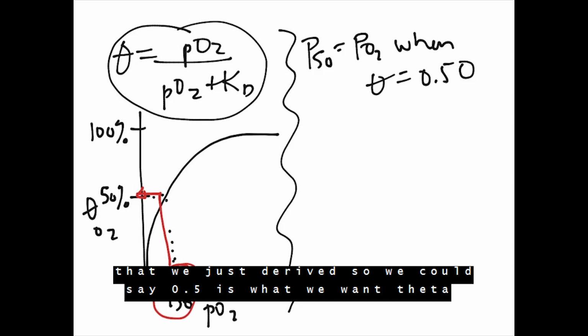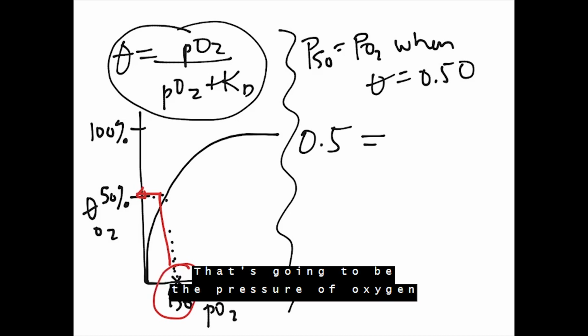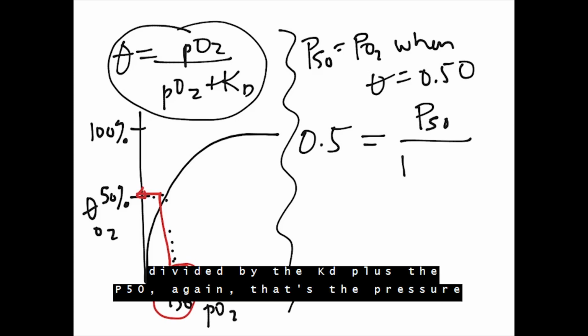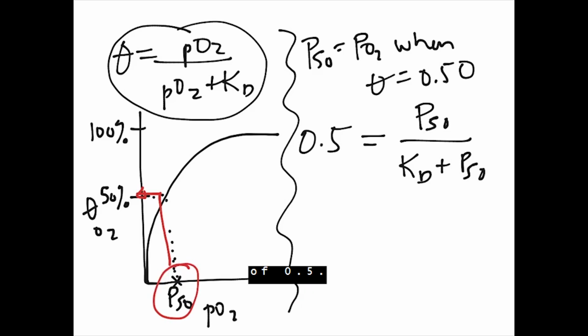We could say 0.5 is what we want theta equal to. That's going to be the pressure of oxygen, which we said is the P50, whatever pressure that is, divided by the KD plus the P50. Again, that's the pressure of oxygen that you have when you have this fractional saturation of 0.5.